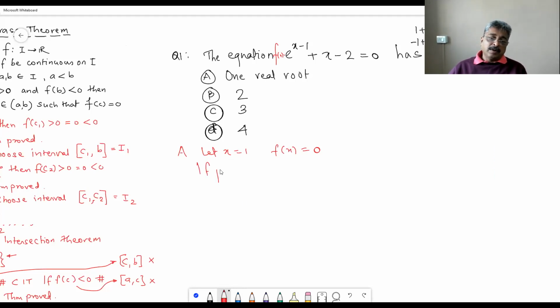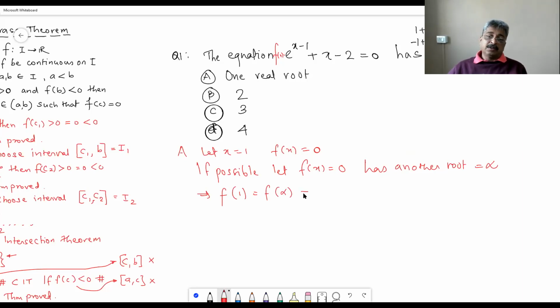If possible, let f of x is equal to 0 have another root equal to alpha, which implies f of 1 is equal to f of alpha is equal to 0, correct?